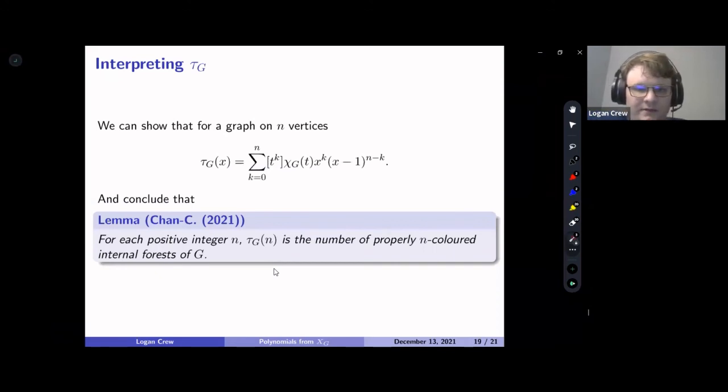And we did have further evaluations we were able to show of tau g of n, but this is perhaps the simplest and easiest one to state. So it still counts colorings of something, but not colorings of the whole graph, colorings of these internal forests.